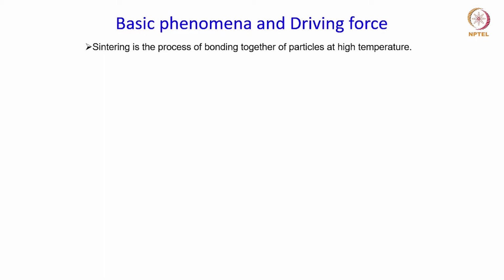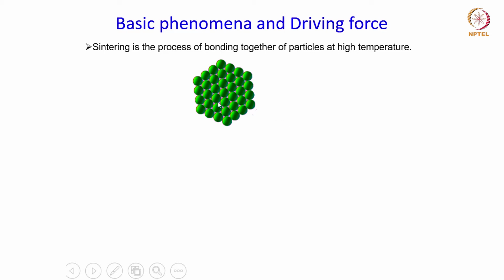So now if you look at the driving force behind this phenomenon, first of all, when you heat the compact to higher temperature, there could be two things which can happen. So let's say this is the green compact and the arrangement of the particles. Here you can see that after the compaction process, the particle to particle contacts are formed, okay, but still there are pores between the particles, and this is what we have discussed before also.